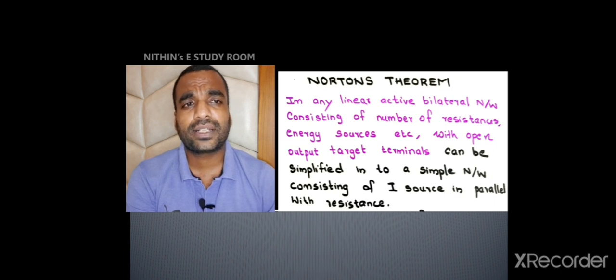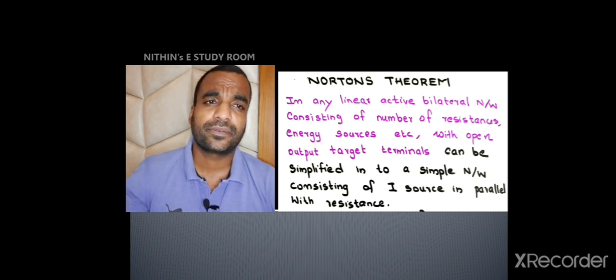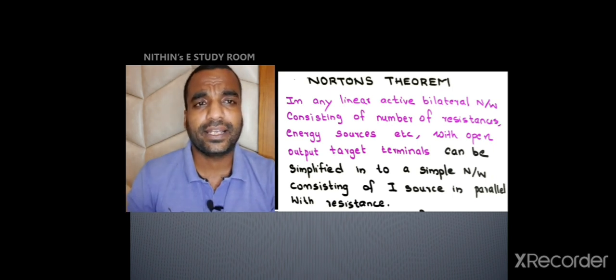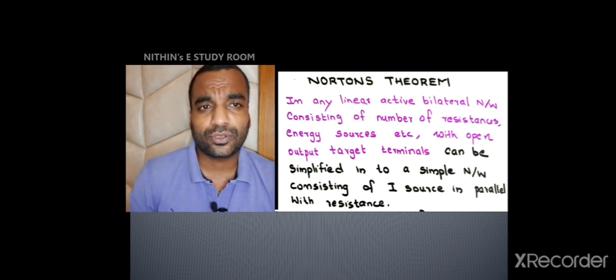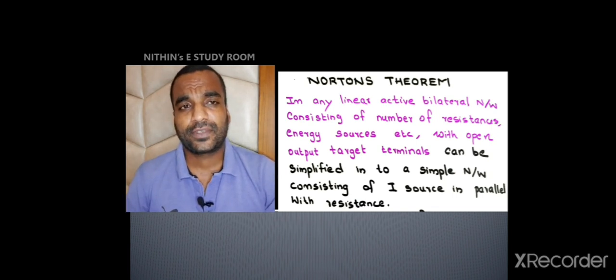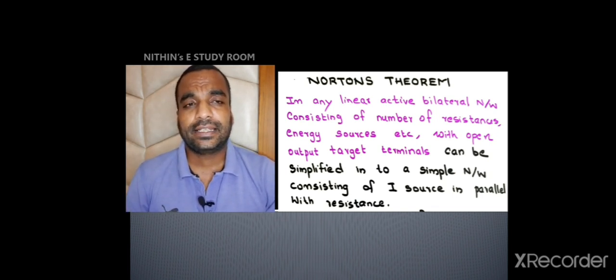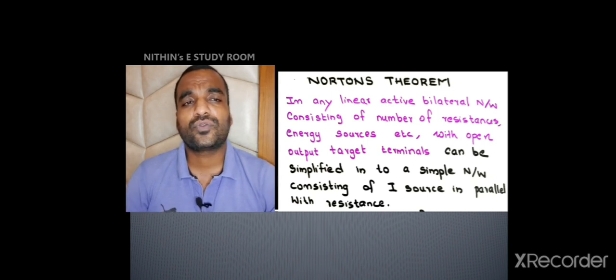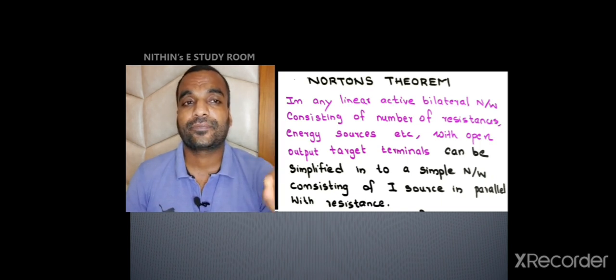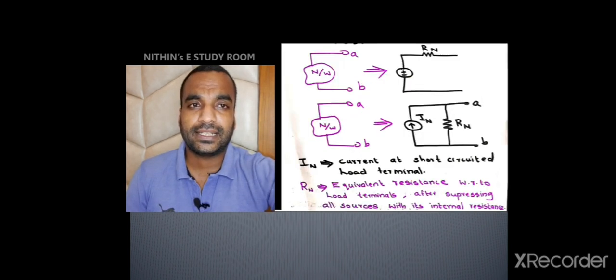I already told you that the resistance RN is the same as the resistance you found in Thevenin's theorem. So you may get some idea about that. Anyhow, I will explain it also. And the current value IN we also have to determine. So what is the procedure for determining the value of IN? That I am explaining in the next slide.